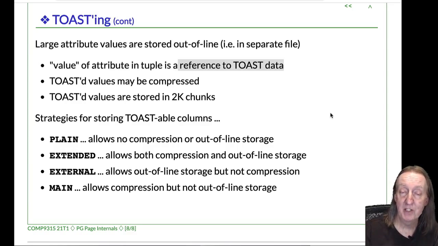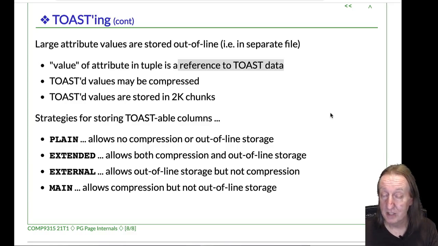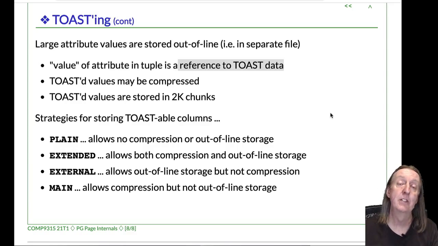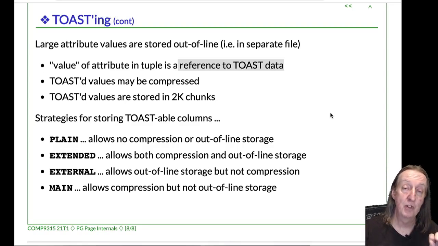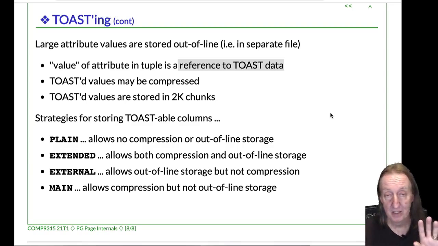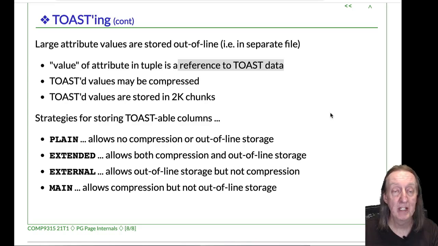You've got these large values stored in a separate file, which means if you want to access a tuple which has been toasted, you've got to read 2 pages: the page that contains the core tuple data plus the page that contains the out-of-line, possibly compressed data. But this seems to actually work quite well.